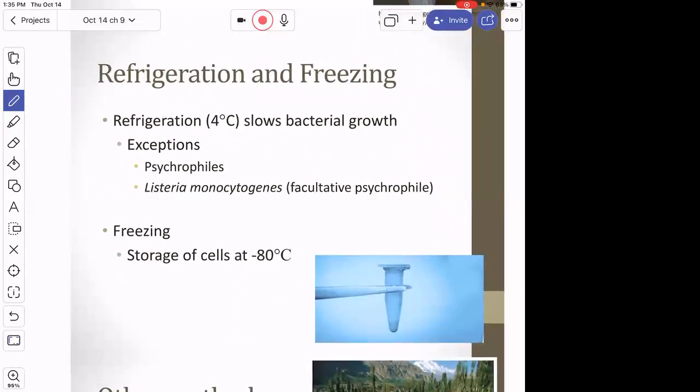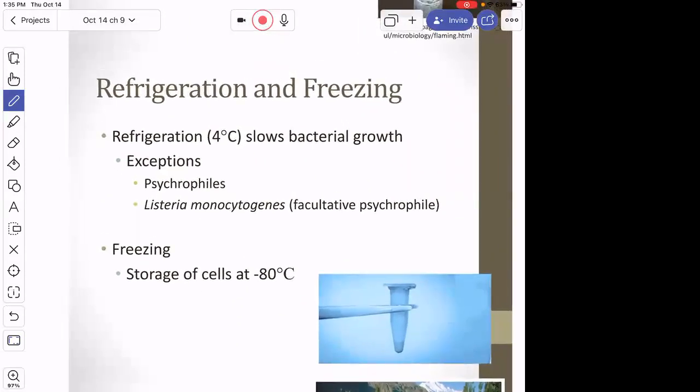All right, so other ways that we're going to use to limit microbial growth. Hot temperatures work. What about cold temperatures? Well, cold temperatures are only going to slow bacterial growth. They're not typically going to kill cells, or if they kill some of them, they're not likely to make the whole culture non-viable.